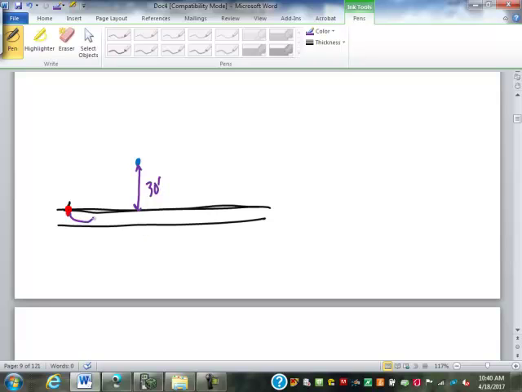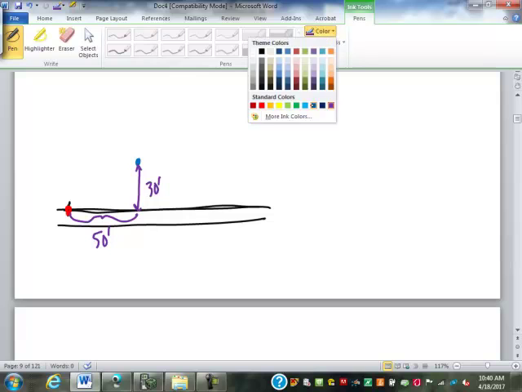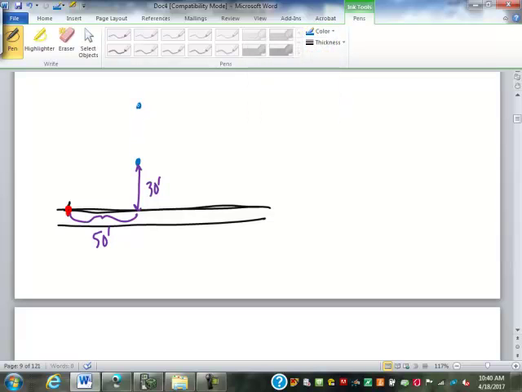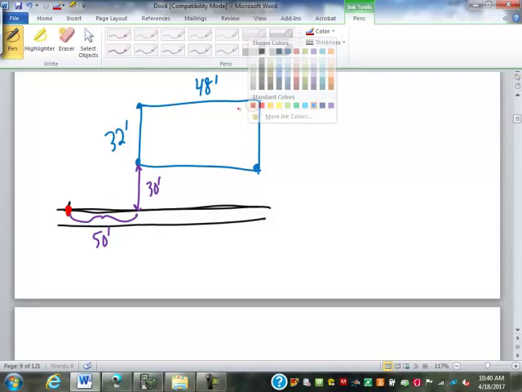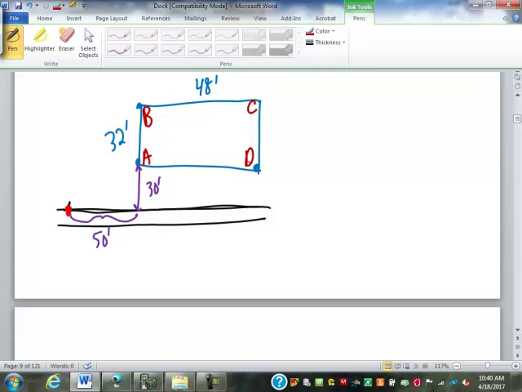And this distance here ends up being 50 feet. This building is 32 feet by 48 feet. Pretend it's square. I'm going to call these points A, B, C, and D.